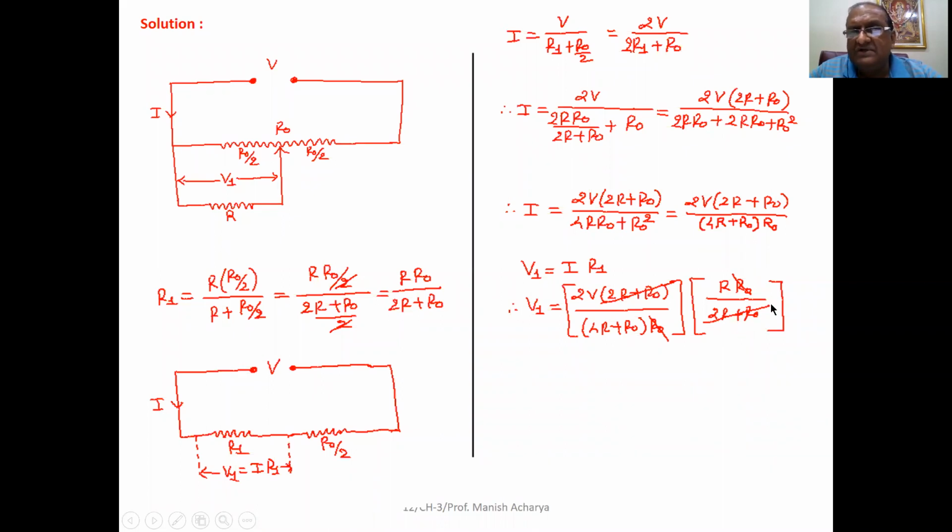So this 2R plus R0 and 2R plus R0 cancel. This R0 and R0 cancel. And resultantly you will get V1 equal to 2VR upon 4R plus R0. Clear to all of you?